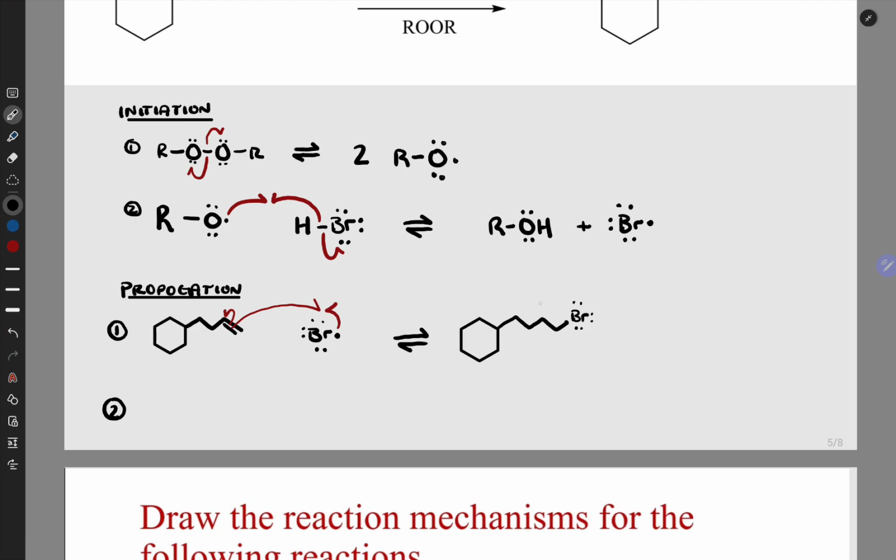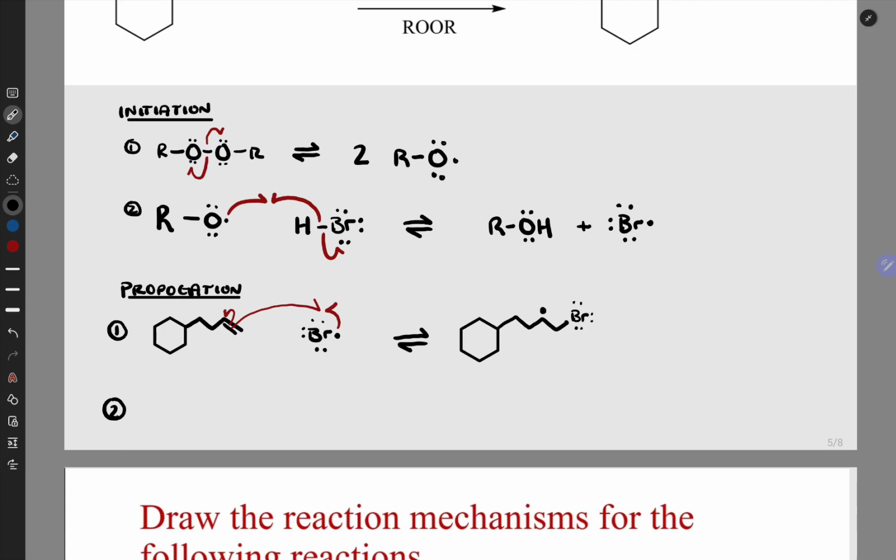Why, you ask? Because if our bromine was where the radical was, and the radical was where the bromine was, a radical on the end is not as stable, with not as many resonance abilities as a radical that is stabilized by more carbons.